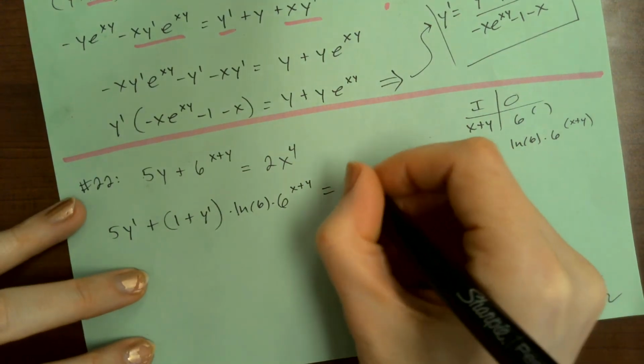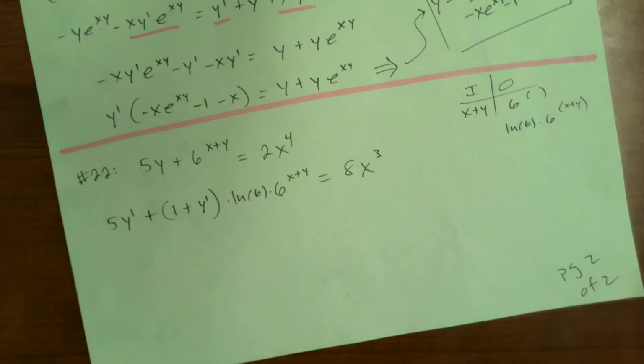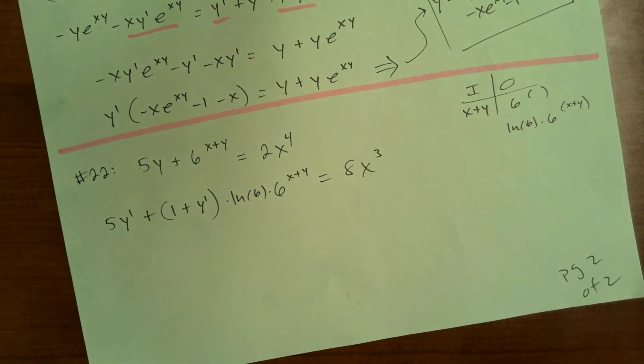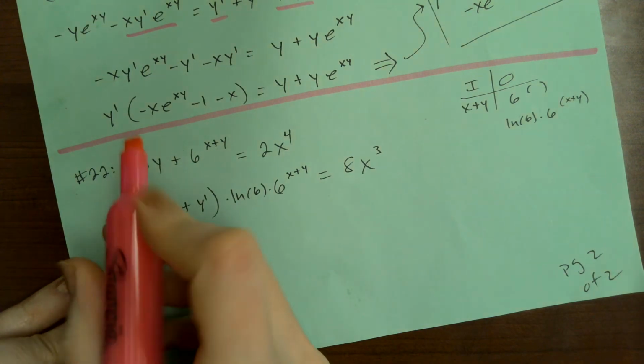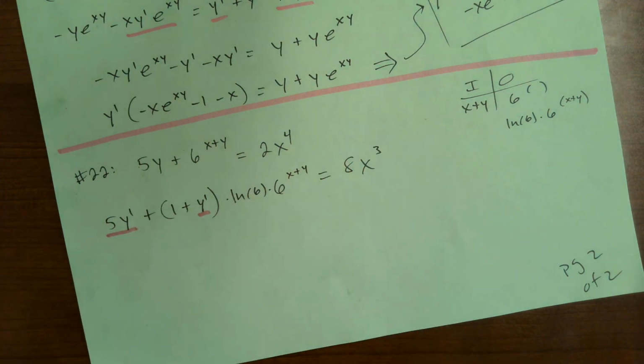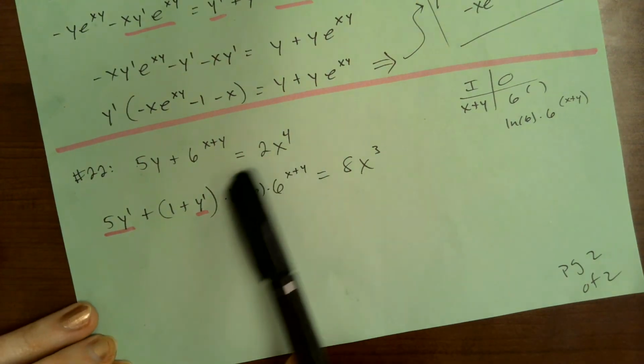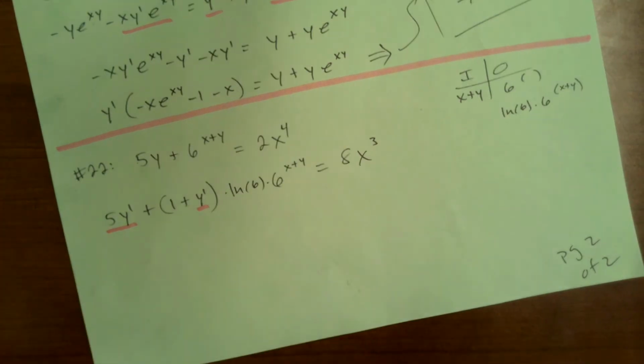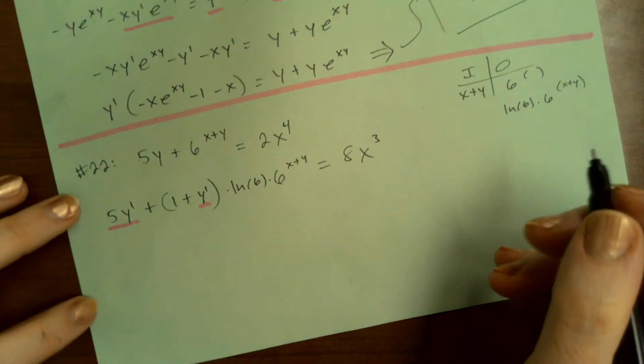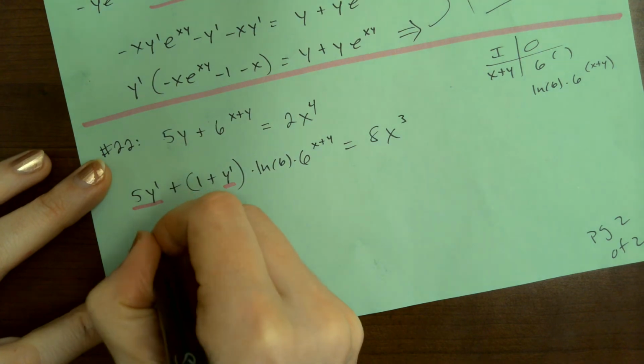And then the derivative of that part is 8x to the third. Okay, I gotta solve for y prime. So I've got these 2 y prime terms. I need to distribute this in order to get the y prime terms by themselves.